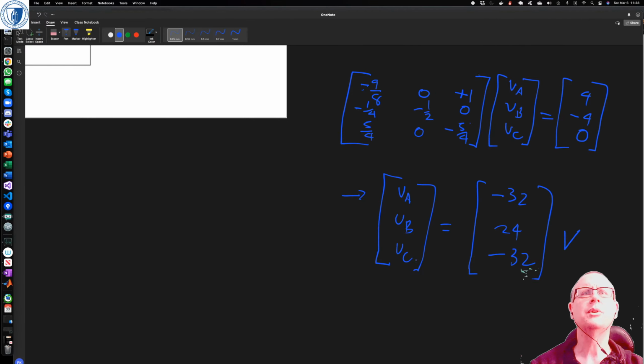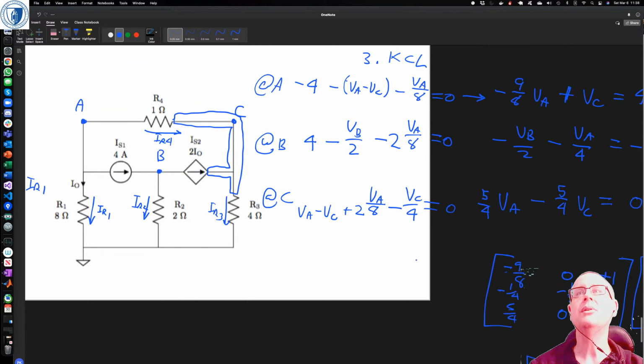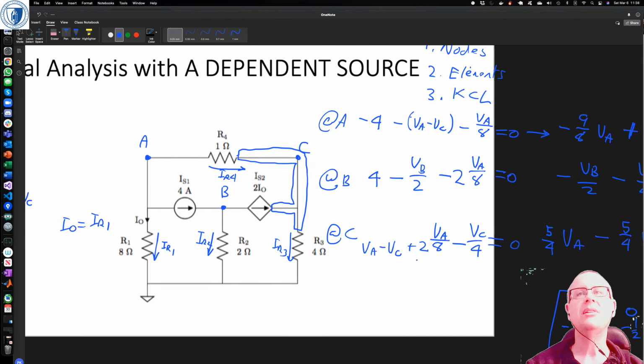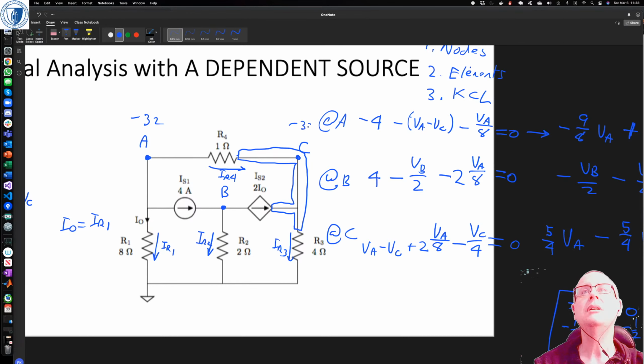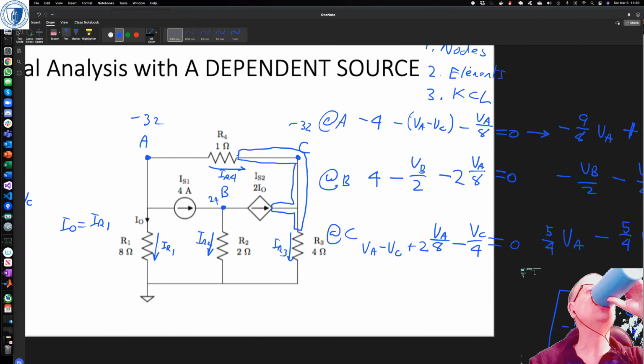Let's have a look at what that is. VA and VC are minus 32. So that means IR4 is 0, right? So we've got a minus 32 here, a minus 32 here, and 24 volts there.